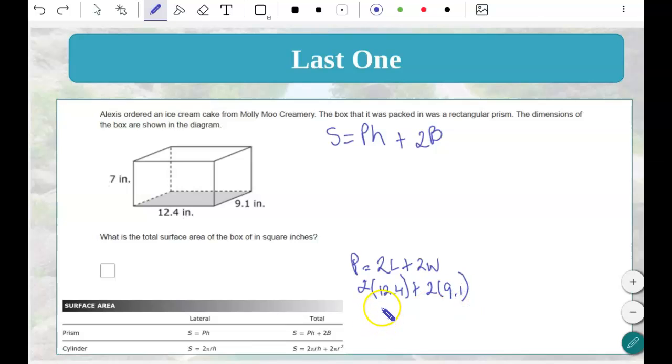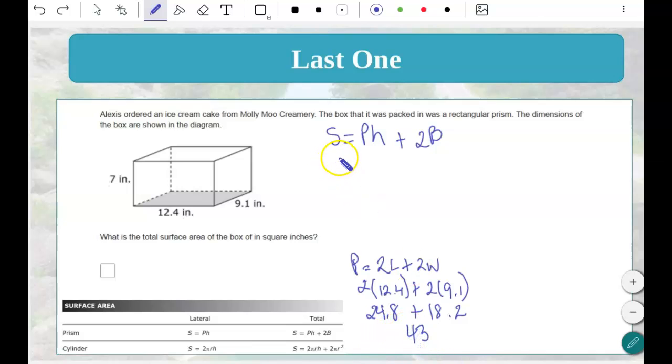So 2 times 12.4 is 24.8. And then 2 times 9.1 is 18.2. And then add those together. Use your calculator. Comes out to 43. So that is our P.